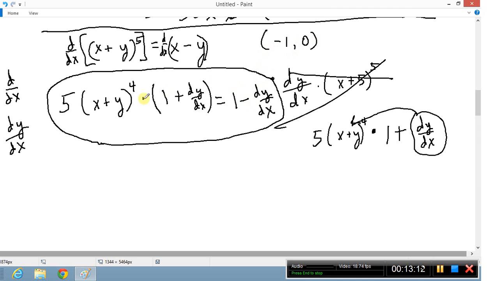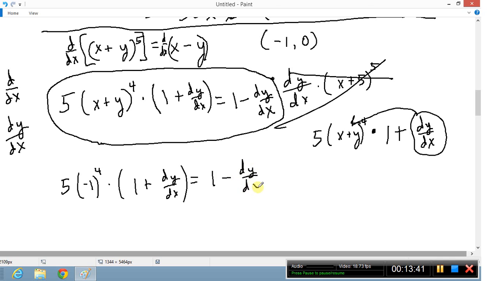So since I've already taken the derivative, I can now plug in the x and the y. So wherever I see x, I can replace it by -1. Wherever I see y, I can replace it by 0. So this is going to be 5 times (-1 plus 0, which is -1) to the fourth, times (1 plus dy/dx) equals 1 minus dy/dx, which isn't so bad.